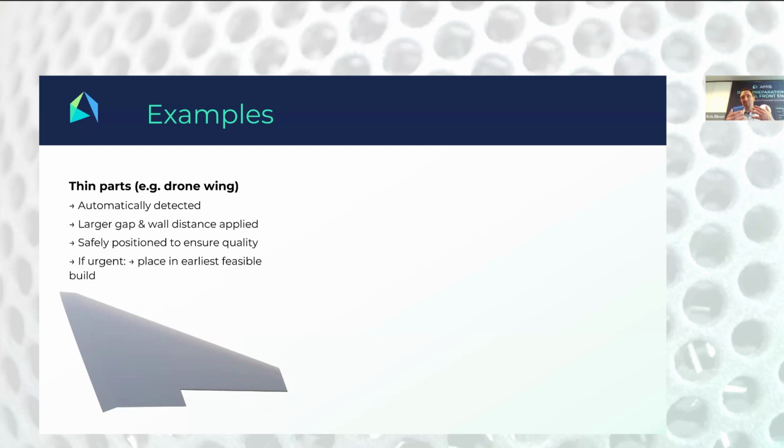So there's enough possibilities to analyze that part without having to have a look at it. So you detect it automatically, and then you say, if it's that kind of part, then I want a larger gap distance. I want it not too close to the walls, or I want it in a specific position inside my build box. So that's one example.